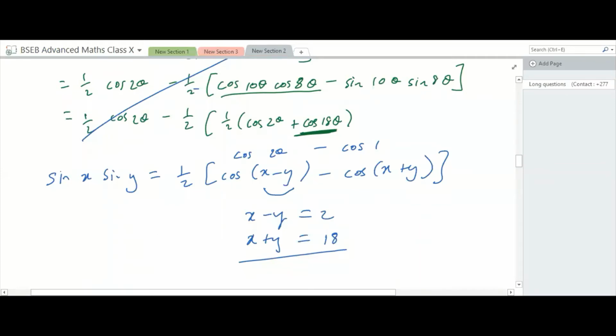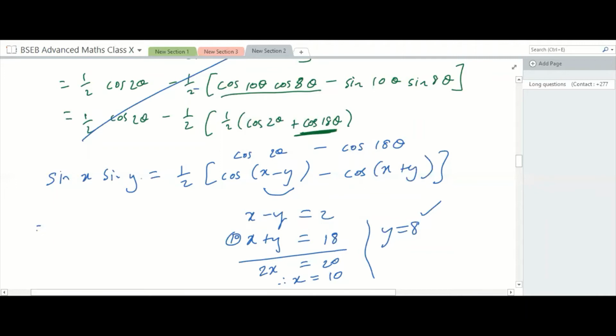So if we add both up, we get 2x is equal to 20. Therefore, x is equal to 10. So y will be equal to 8 because x is 10. 10 plus 8 is 18. So guys, yes, we are writing here cos of 18 theta.